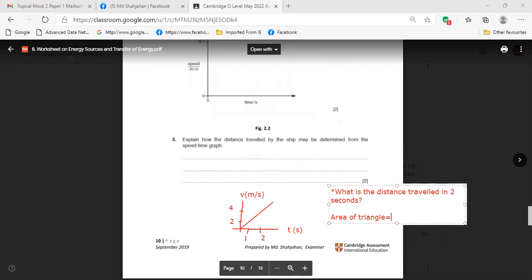What is the formula for the area of a triangle? Half into base into height. So you are taking the area under the graph. That means under this graph we get this triangle, right, in 2 seconds.